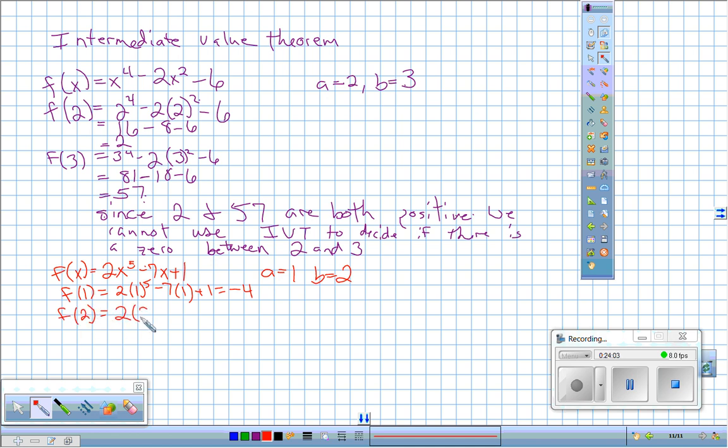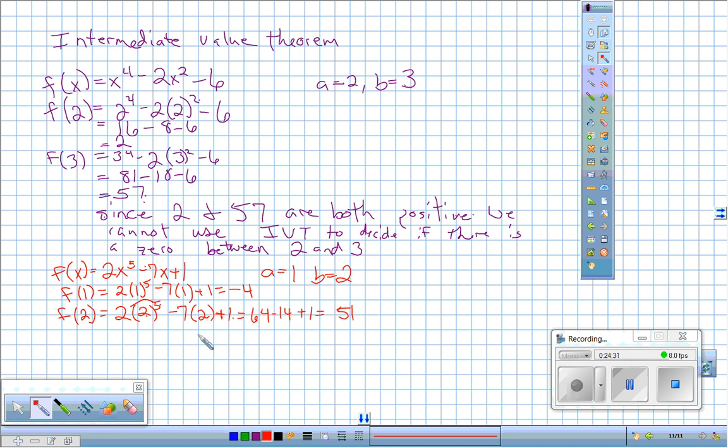So I'll have 2 times 2 to the fifth minus 7 times 2 plus 1. 2 to the fifth is 32, so this piece will be 64. So I'll have 64 minus 14 plus 1.